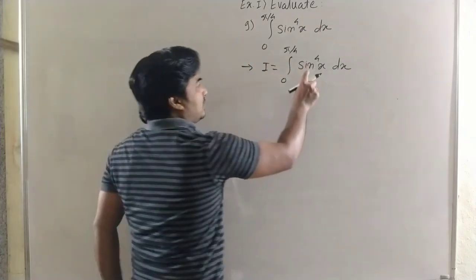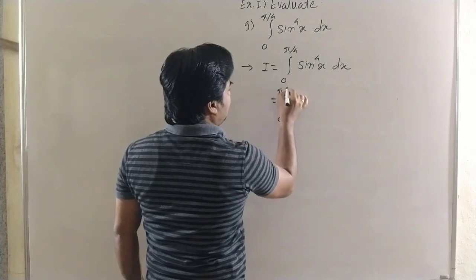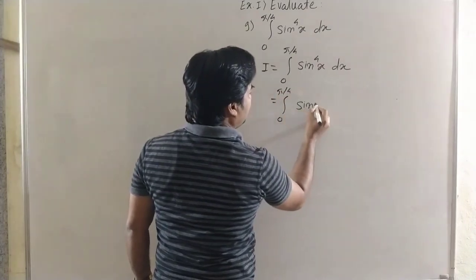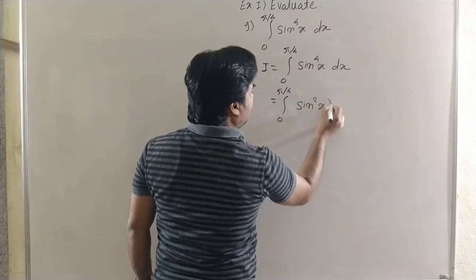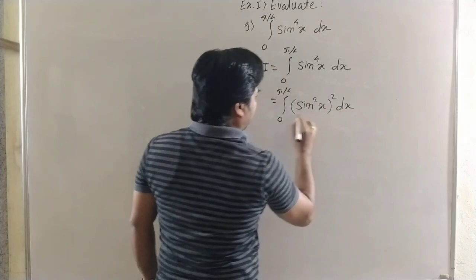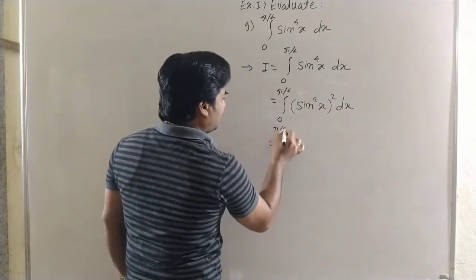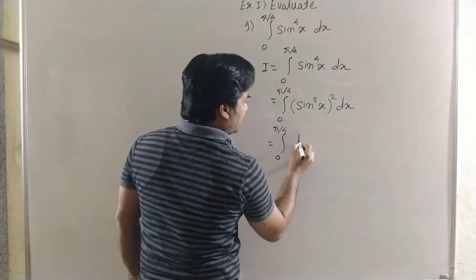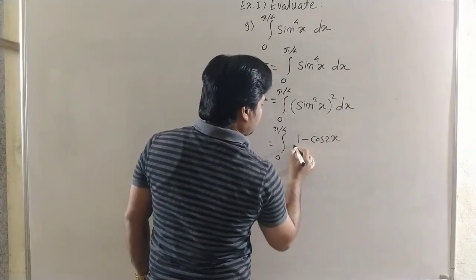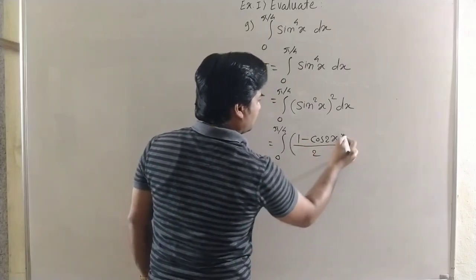So this sin to the power 4 we can write in the form of sin square x, whole square. Okay, and now the integral from 0 to pi by 4 of sin square x, which is 1 minus cos 2x upon 2, whole square.